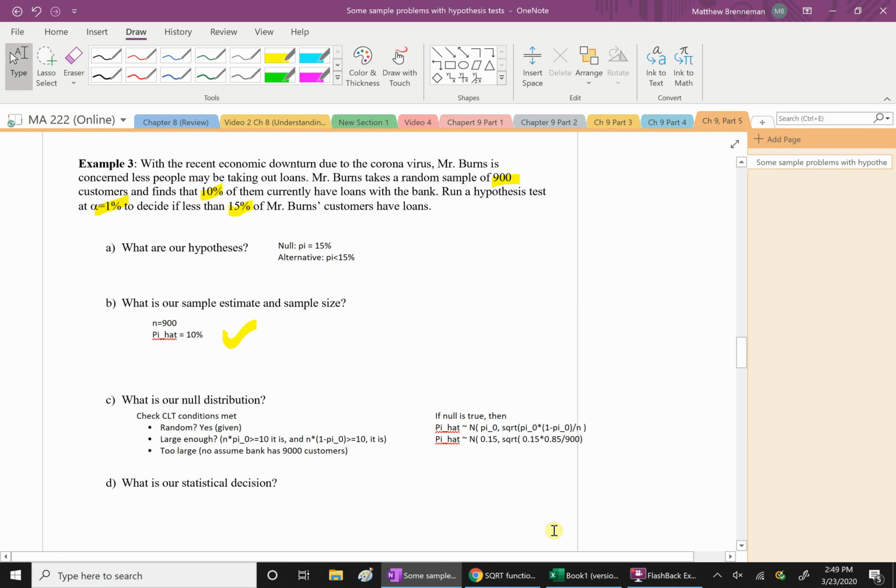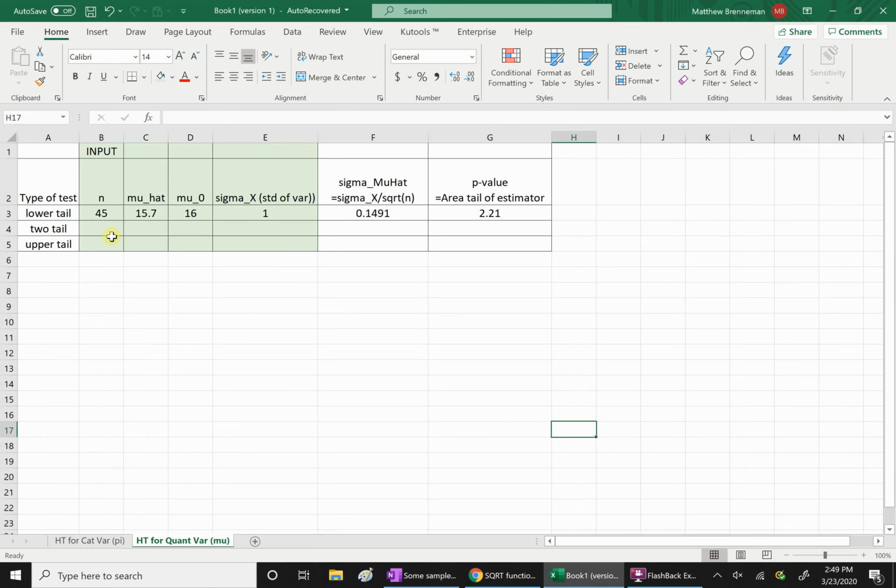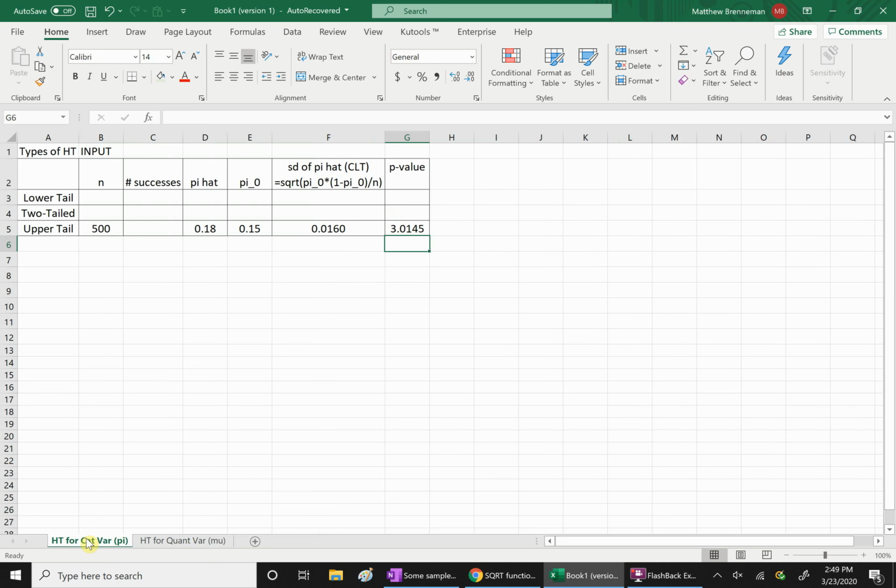So we can go back now to the example that we had in our book. We're doing a lower tail test again, with a sample size of 900. Oops, sorry, I'm in the wrong one. Make sure that you're in the right one. I want to do a hypothesis test for pi, not mu, so be careful.